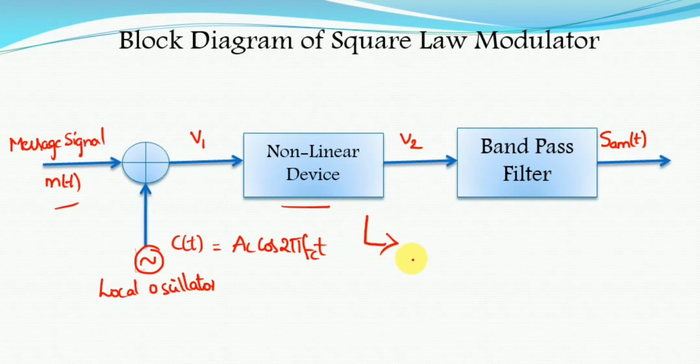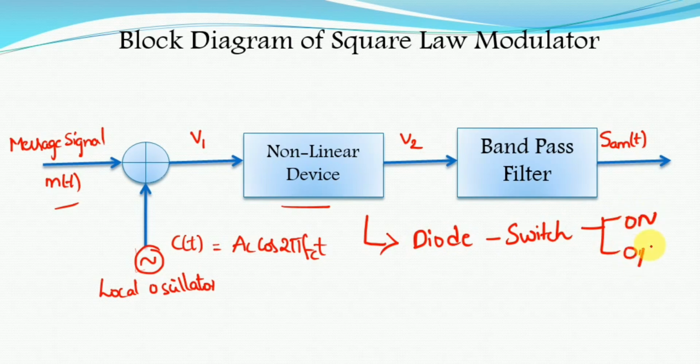As the name itself indicates, the amplitude modulated signal will be generated based on a switch circuit, which means the same diode will be used, but it uses the switch action. Switch action means on and off condition.